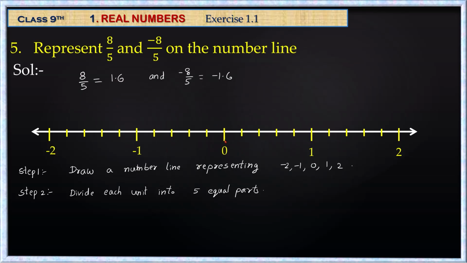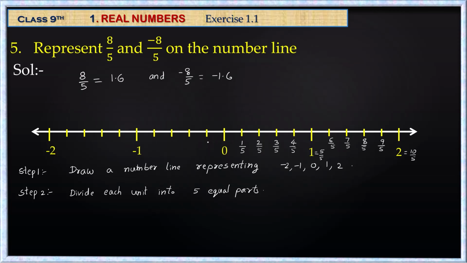So now, starting from 0, this is 1/5 and this is 2/5 and this is 3/5 and this is 4/5 and 1 is nothing but 5/5, and next 6/5, this is 7/5, this is 8/5 and this is 9/5. 2 is nothing but 10/5.